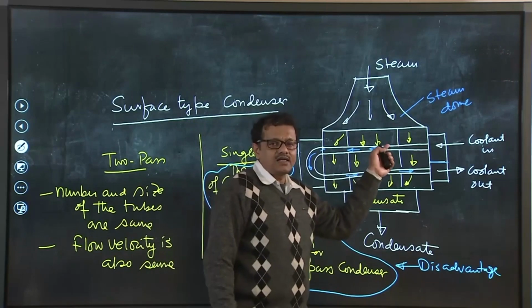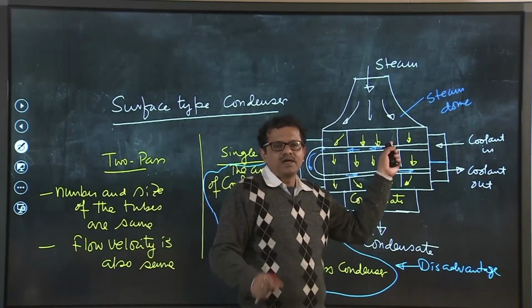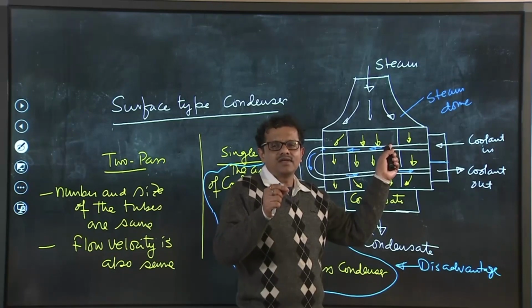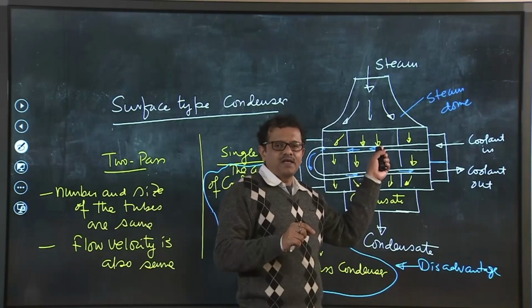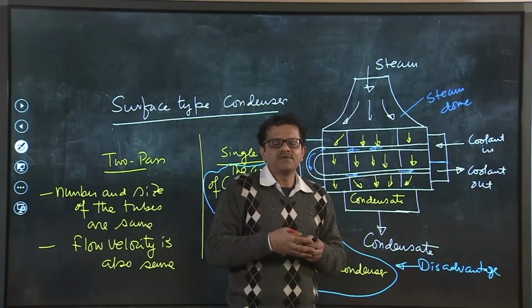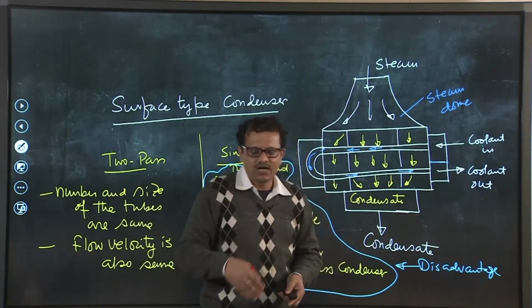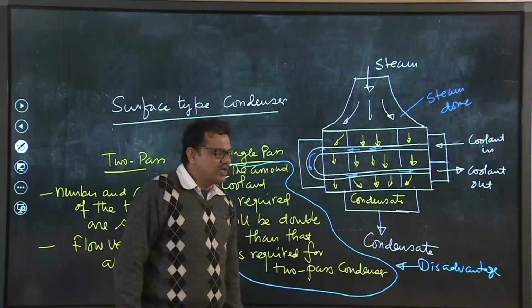So, air is non-condensable, steam will try to condense, but since air is not condensable, air will create a thin film over the tube surface and it will reduce the heat transfer capacity, because air is having low thermal conductivity. Number 1.